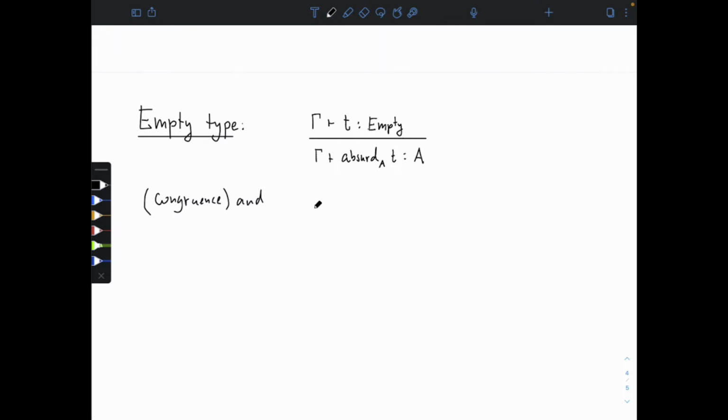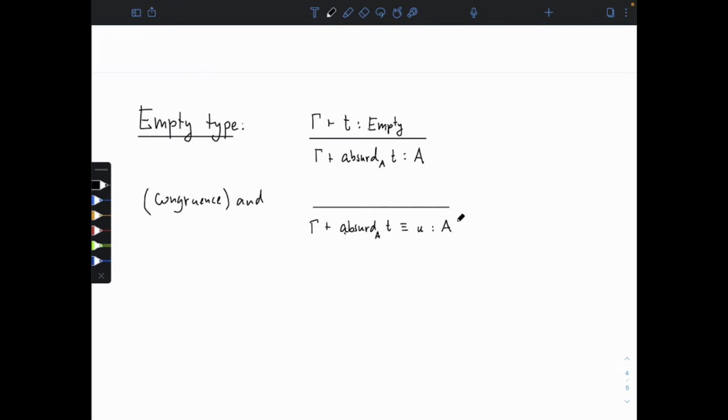So what we write is absurd_A t equals u at A. This is super weird because it says that absurd t is equal to everybody in A. Now imagine that A is the natural numbers.